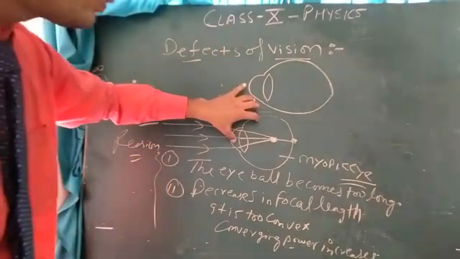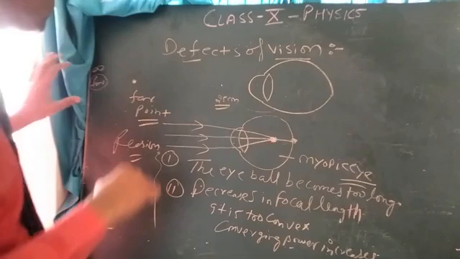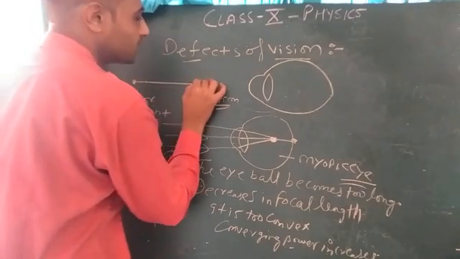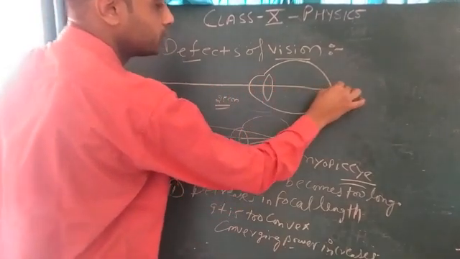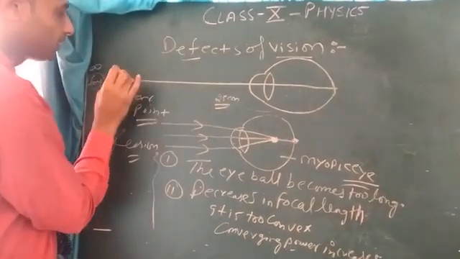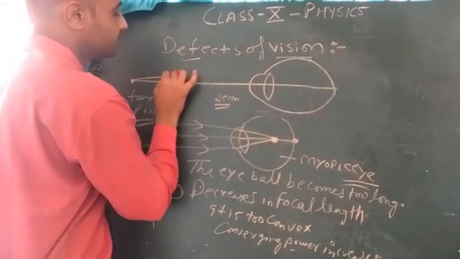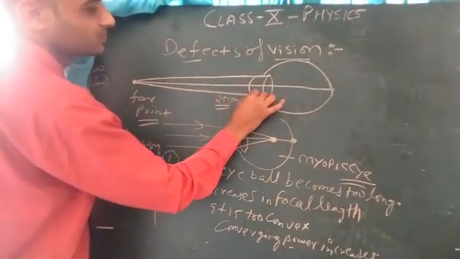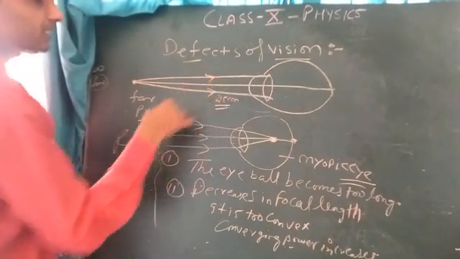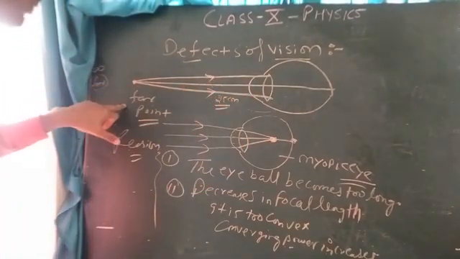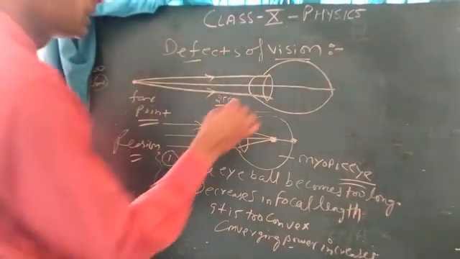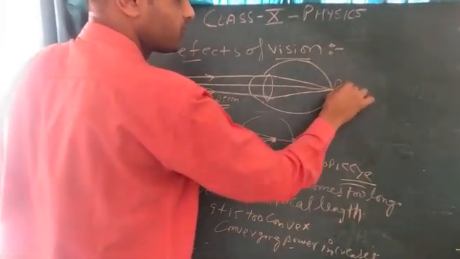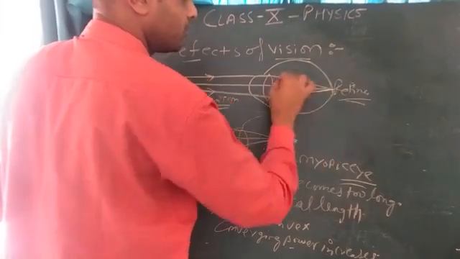It means a myopic eye can see only till this point. When the ray of light starts from this point, it means the object is situated at this point, then the rays coming from this point, that is the far point for a myopic eye, are focused at the retina by the convex lens.